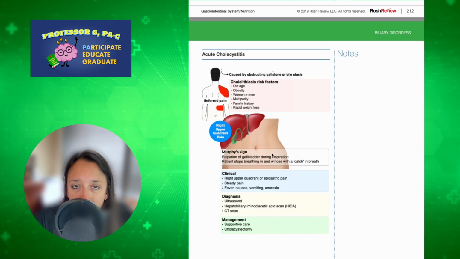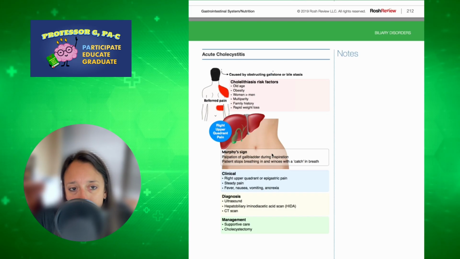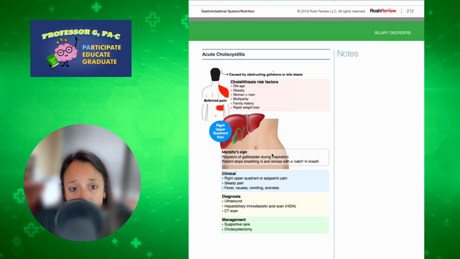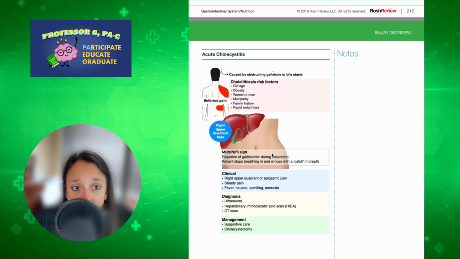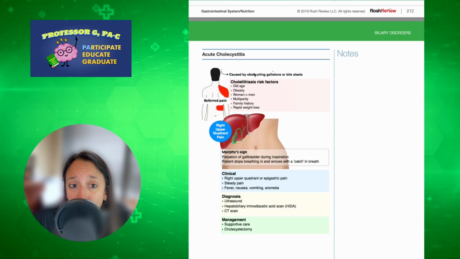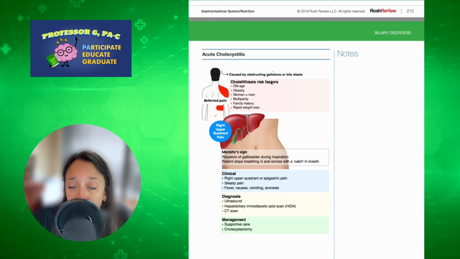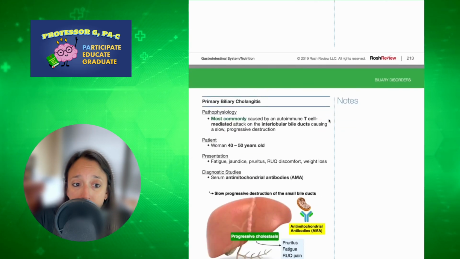And this causes that crampy right upper quadrant pain and sometimes some nausea. But the thing that's different about biliary colic is that it resolves, it goes away. So most of the time the stone kind of dislodges and everything kind of calms down, the pain goes away. So a lot of times patients with acute cholecystitis will report having had episodes of that same typical type of pain after eating fatty meals, and that is what's termed biliary colic.